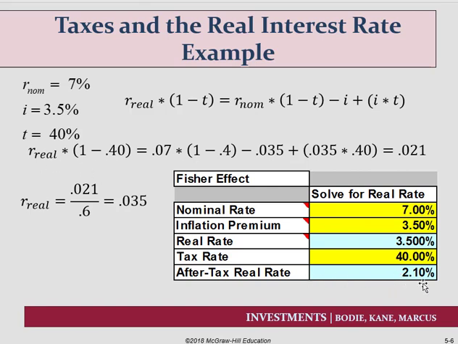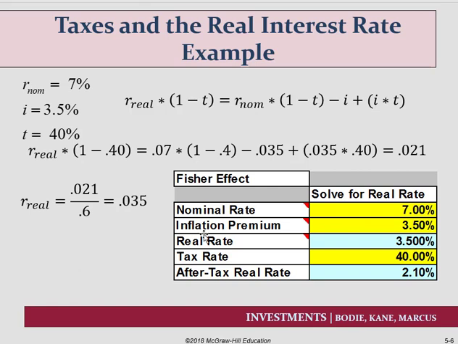That's this number down here, 2.1%. If we divide the nominal rate by 1 minus the tax rate, that will give us the real rate before taxes. So in this case we have a real rate of 3.5%. When you include taxes of 40%, the after-tax real rate is 10%.